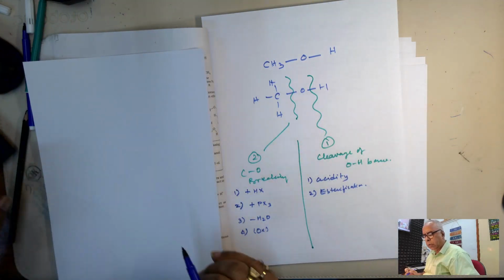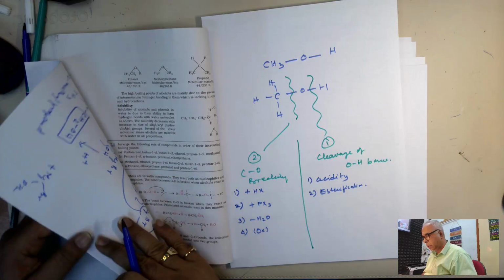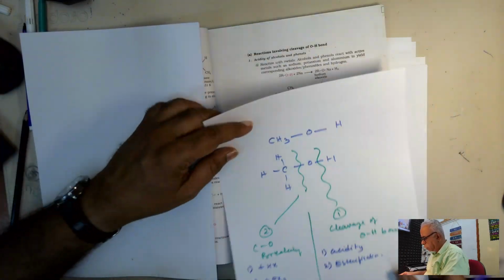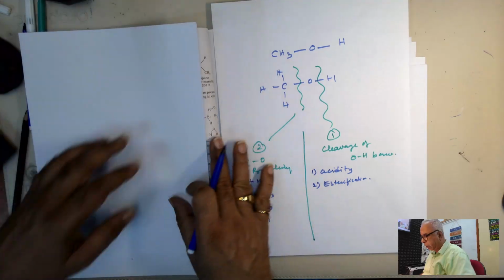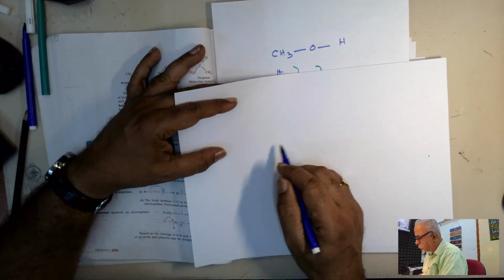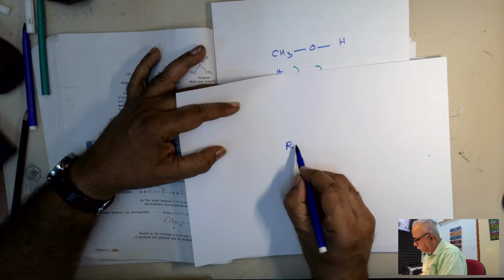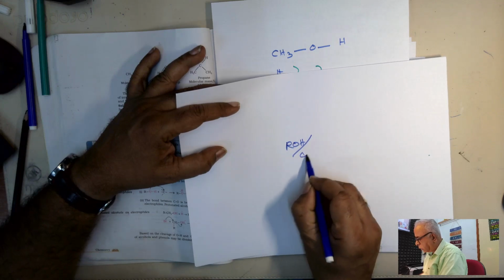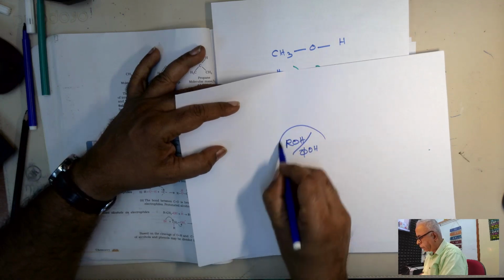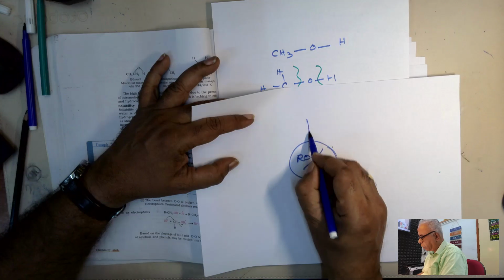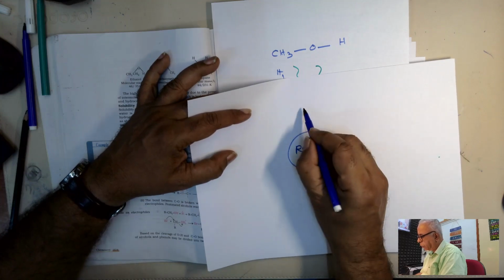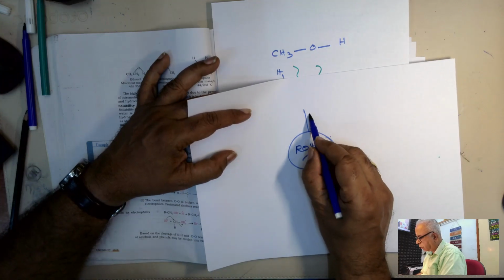Now, what are the physical properties we have discussed? We can combine this, so in chemical properties we'll do it like this. We can have a total of ROH and phenol. Now, this is the preparation part.